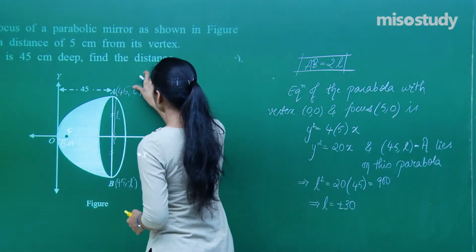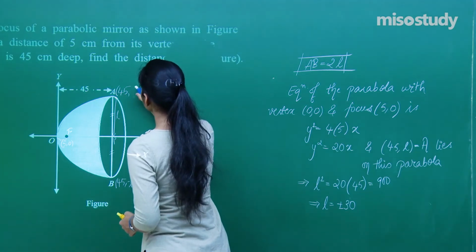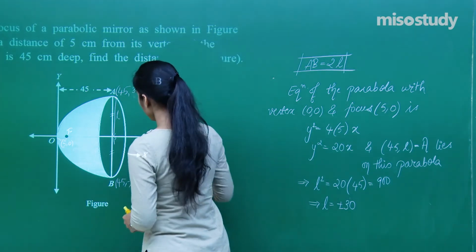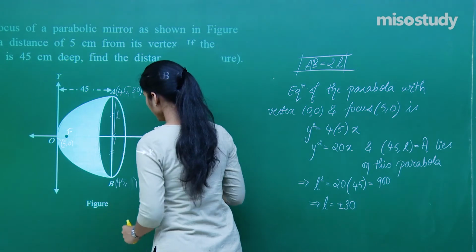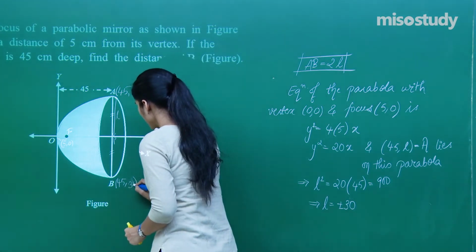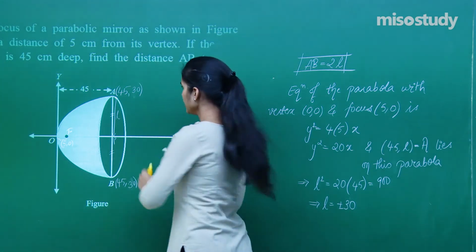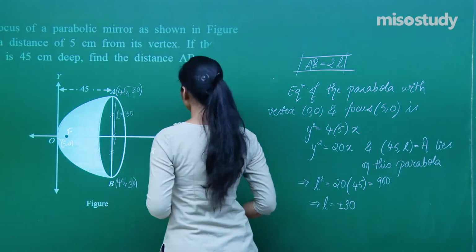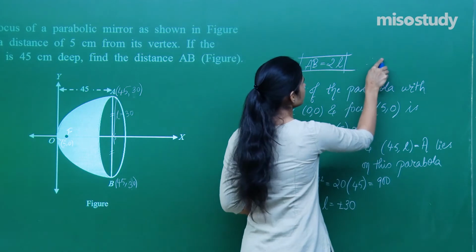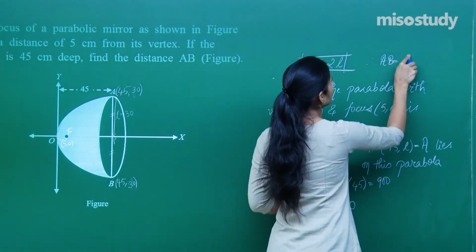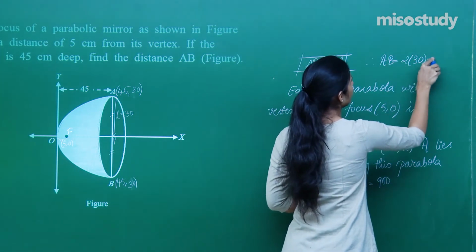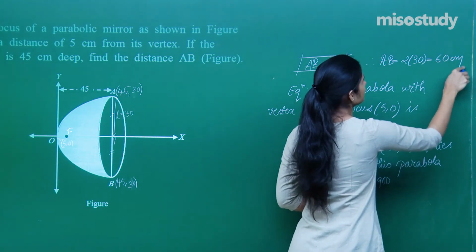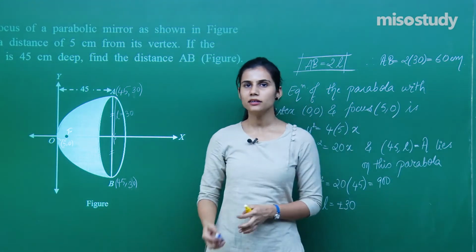So A has coordinates 45, 30 and B has coordinates 45, minus 30. If this is 30, that means L is 30. So what is the length of AB? AB is twice of 30. That is 60 centimeters. Is it clear?